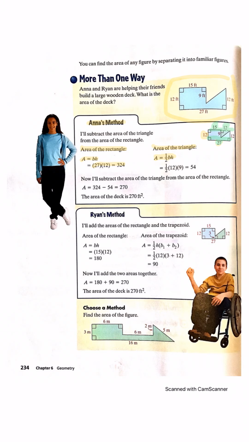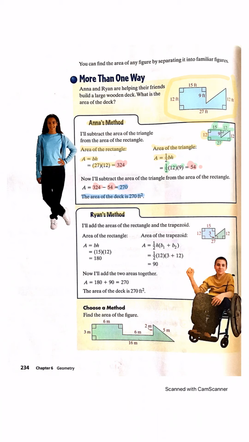So the area of the triangle is going to be 12 times 9 times 1/2, and that's going to equal 54. So then she takes 324 and subtracts 54, and she gets 270. So the area of the deck is 270 square feet.